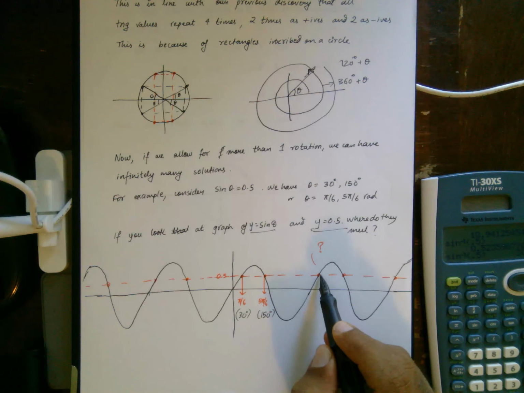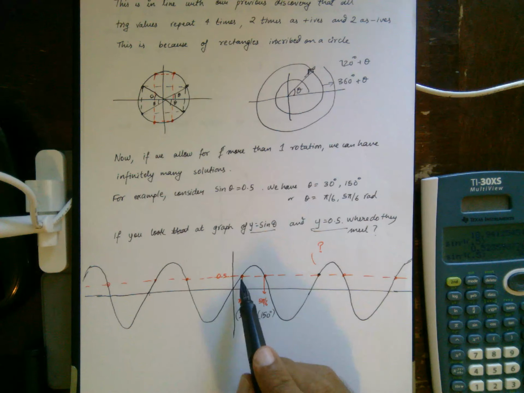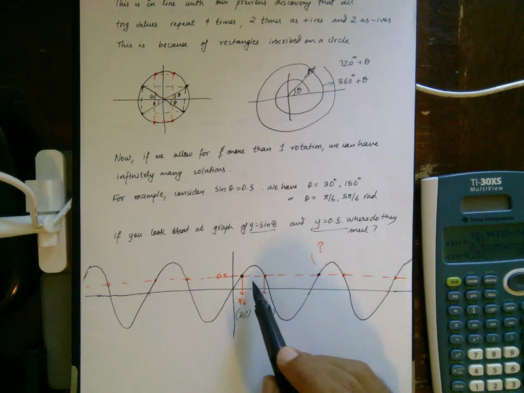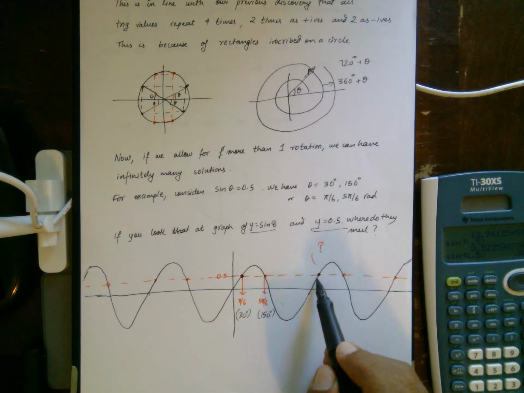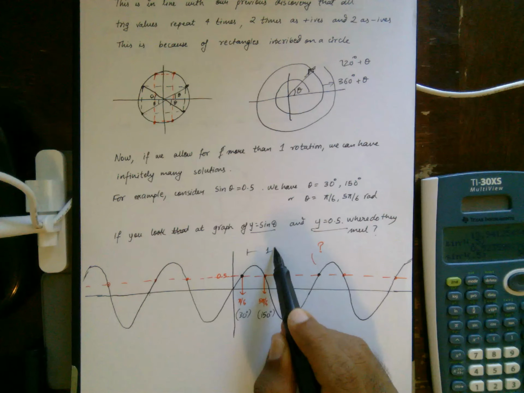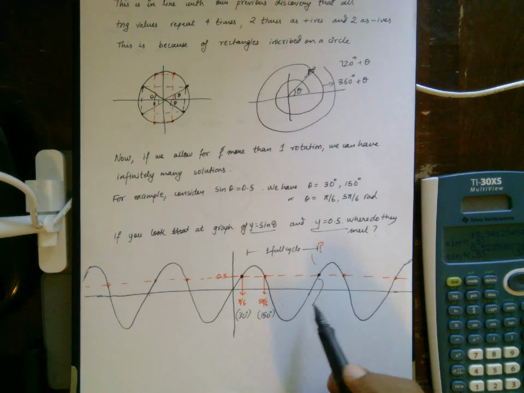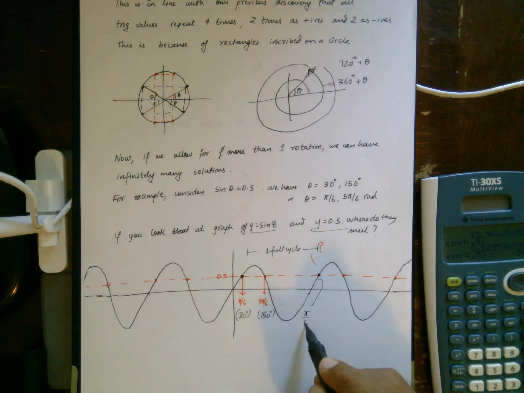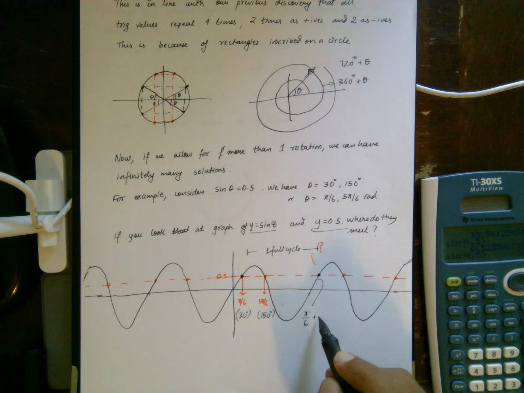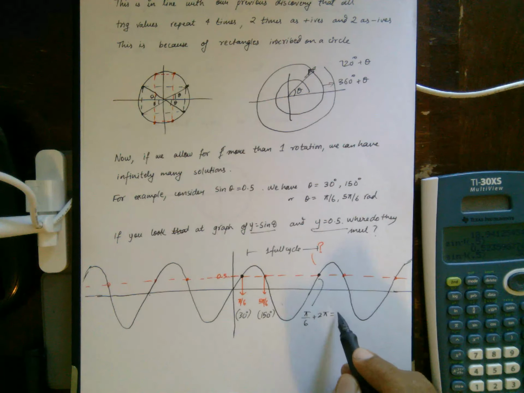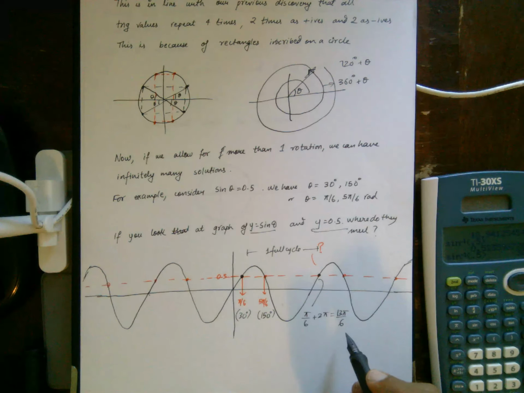Now one way to find this angle is to look what is the difference in going from here to here. So in going from here to here, I'm completing one full cycle, which means I can find this by taking pi over 6 and adding 360 degrees, which is 2 pi, which gives me 13 pi over 6.